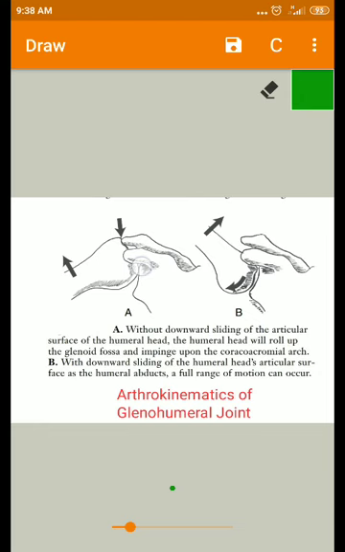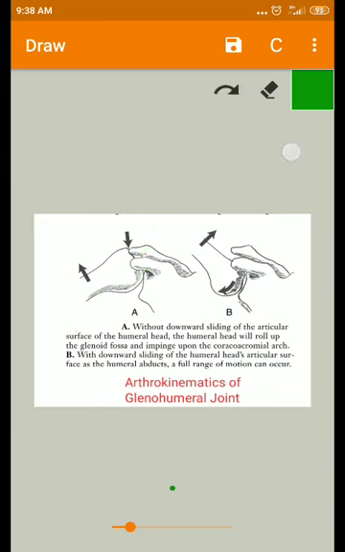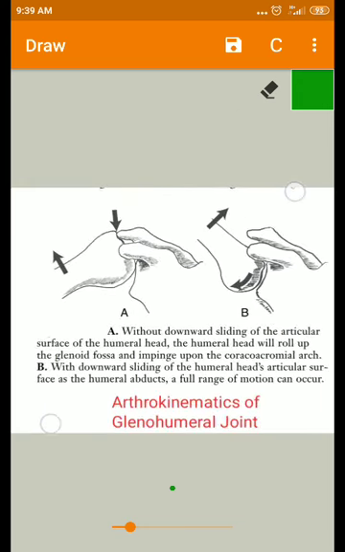So if you take the humerus backwards, there may be an anterior gliding of the humerus seen in the throwing of a ball, that is called the acceleration phase. Whereas in the pitching of the ball, the head of the humerus will glide posteriorly. So these are the things that happen during the arthrokinematics of the glenohumeral joint.